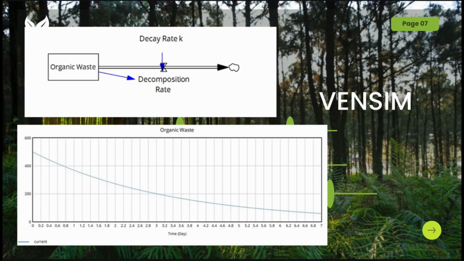So it highlights the systematic flow, showing how the total volume of waste in the environment decreases based on the decay constant. It visualizes the relationship between organic waste and the decomposition rate. The resulting decay curve illustrates the concentration from 500 mg per liter down to the final concentration over the 7th day.